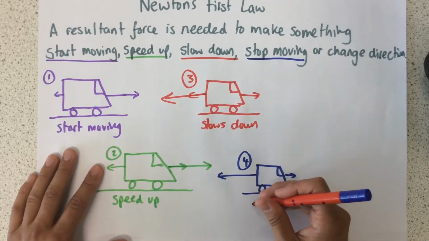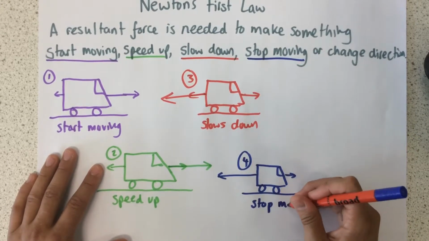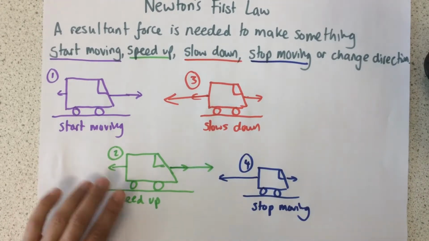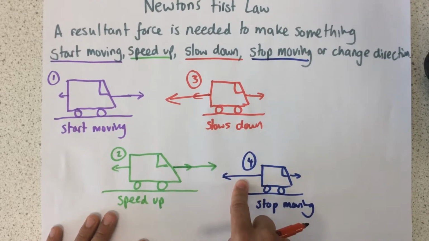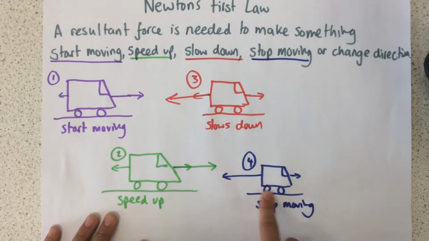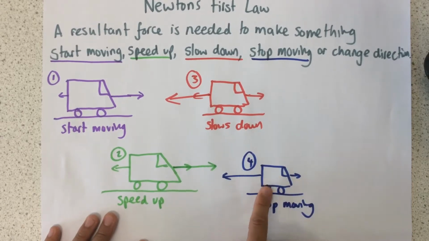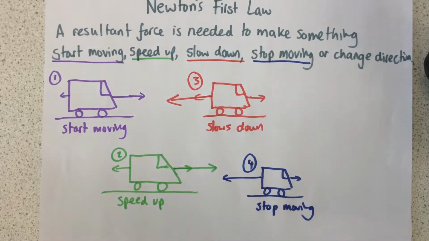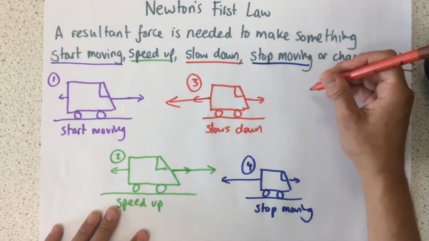So that is also stop moving. Again, because we've got unbalanced forces, we have a non-zero resultant force. That means an overall force that's acting in that direction. So this moving object will go slower and slower. The velocity will get lower and lower until it's stationary. Stationary means not moving.